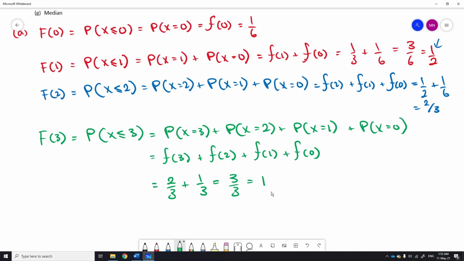So we have done our calculation for cumulative distribution.